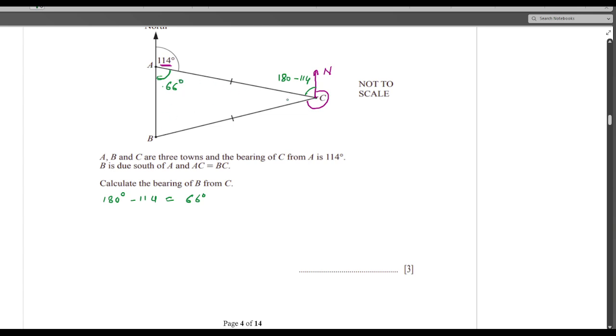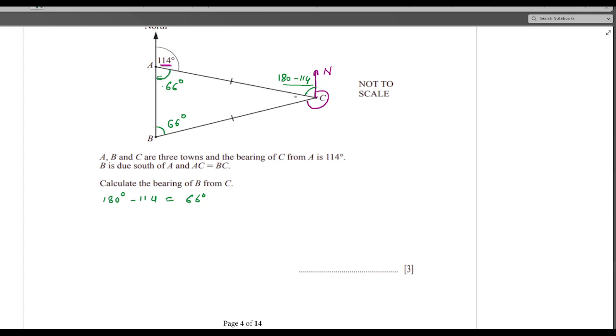As side AC and side BC are the same, their opposite angles are also equal. So this angle is also 66 degrees. Now this angle is 66, this angle is 66, and I need to find this angle.